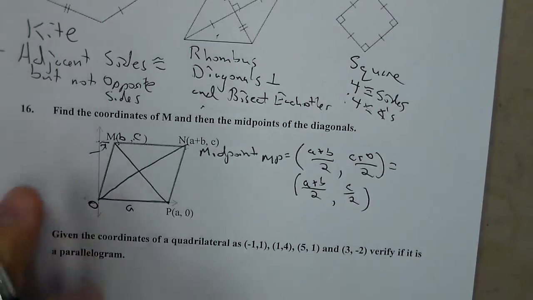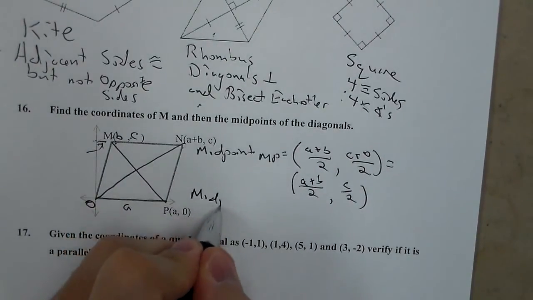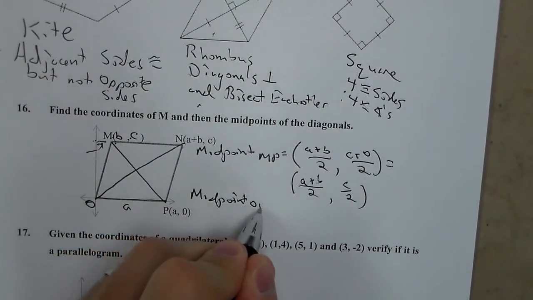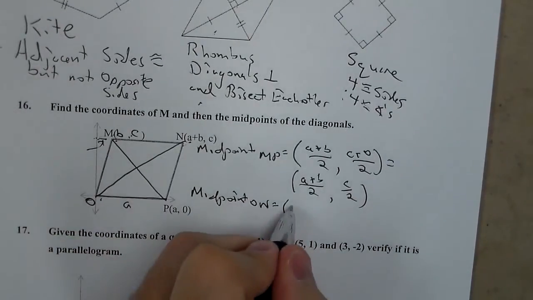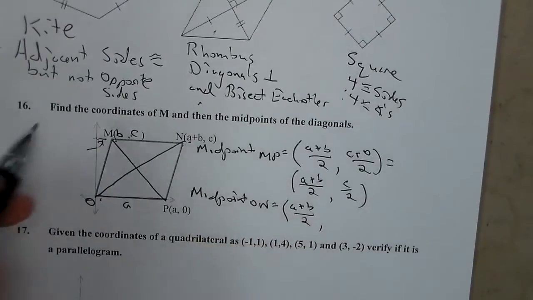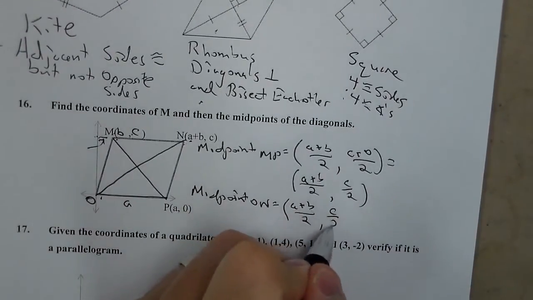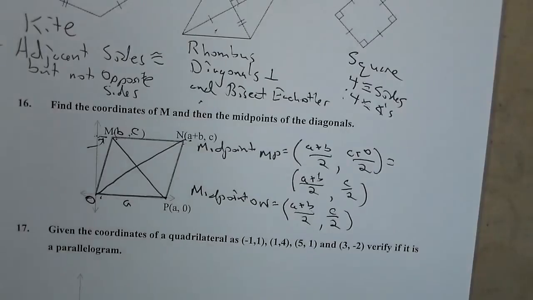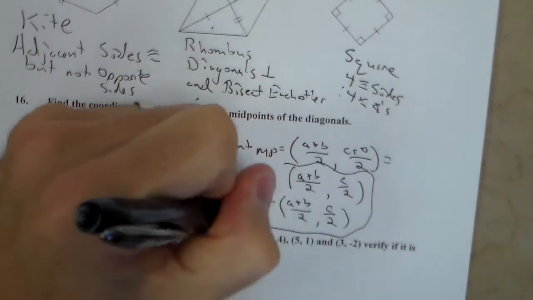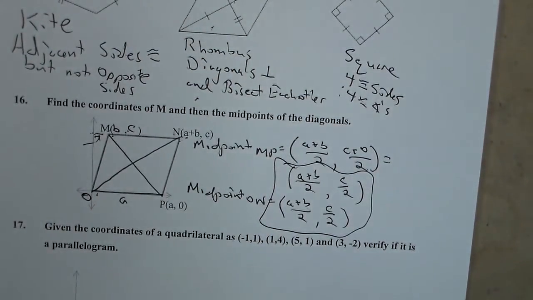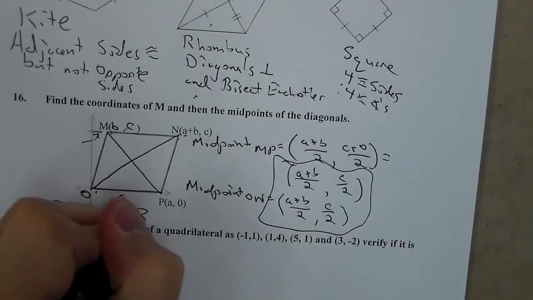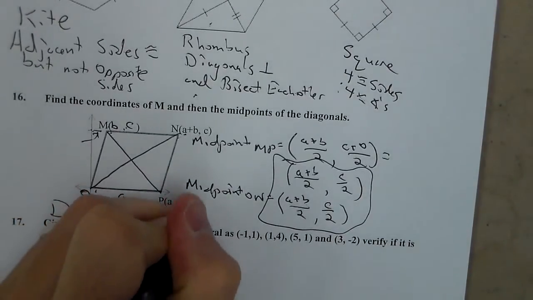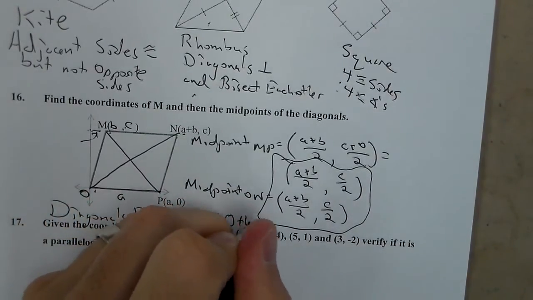Now for our other point, we'll call that ON, with the midpoint, we get 0 plus a plus b, or just write a plus b over 2, and then 0 plus c over 2. We get that midpoint. Now we notice these two things are the same. That means that the midpoints are the same point on each diagonal. That would indicate that the diagonals bisect each other. And that is one of our properties to get a parallelogram.